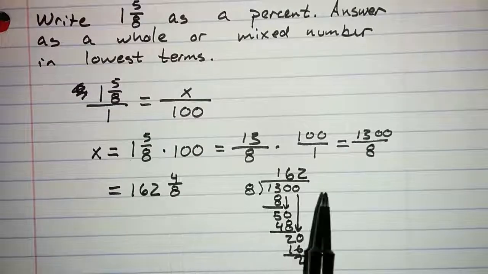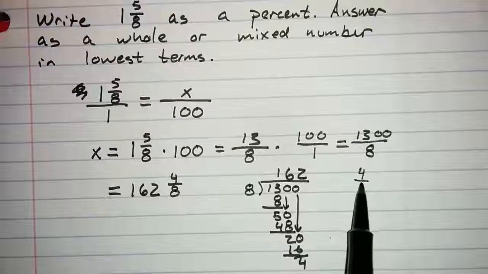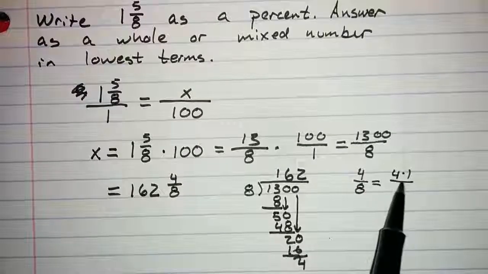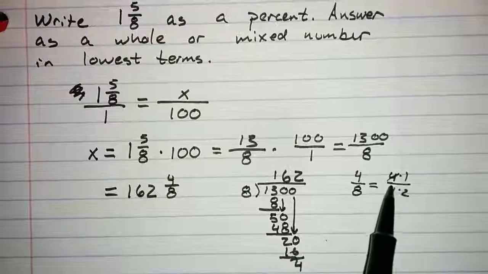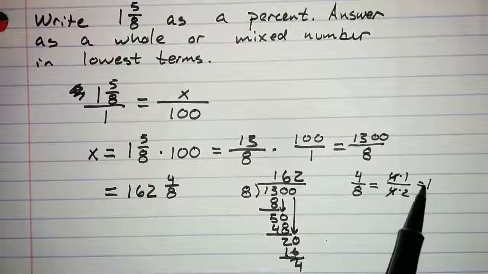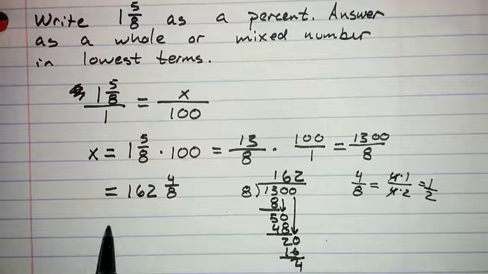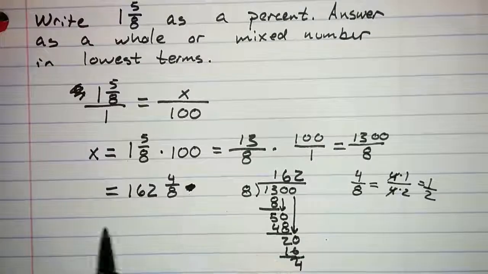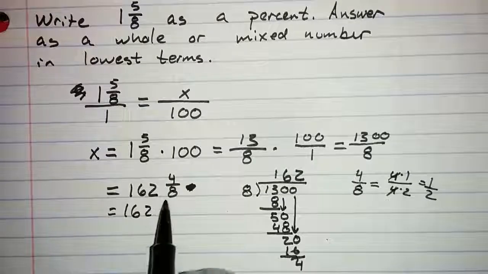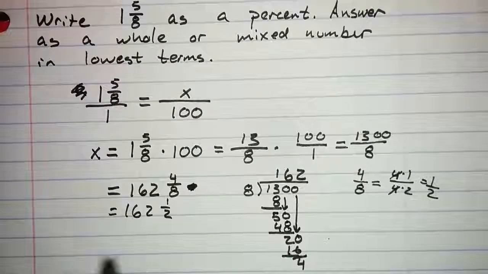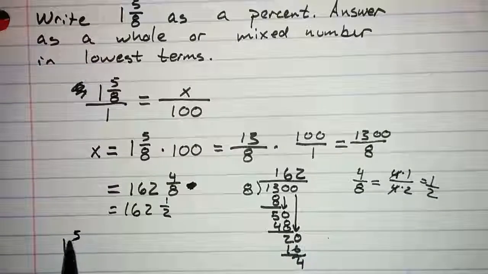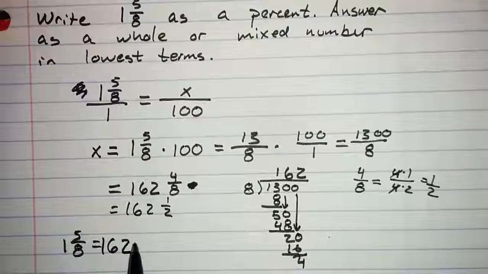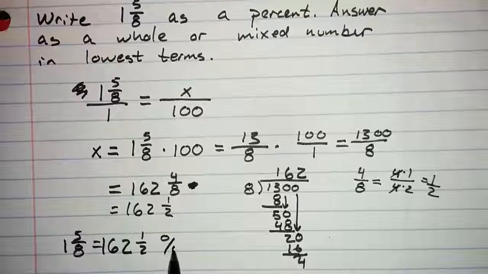I'm going to simplify 4/8 off to the side. 4/8 is 4 times 1 over 4 times 2. So it's a half. So I get 162 and a half. 1 5/8 is 162 and a half %.